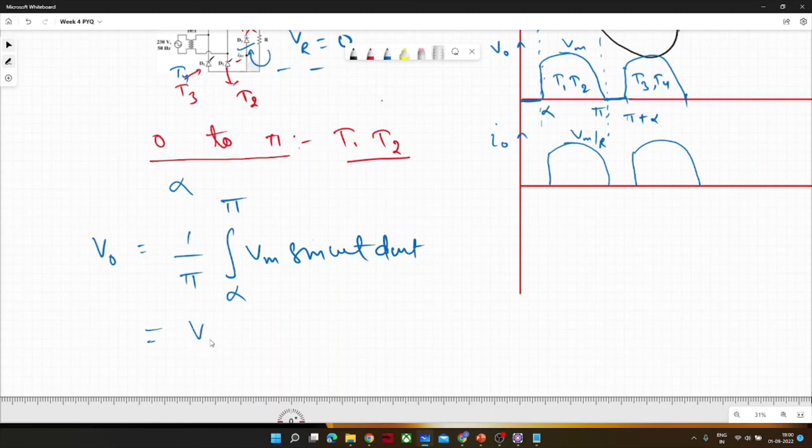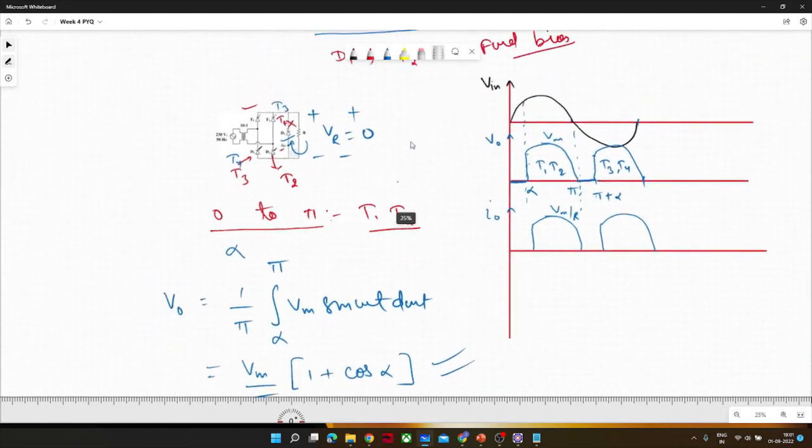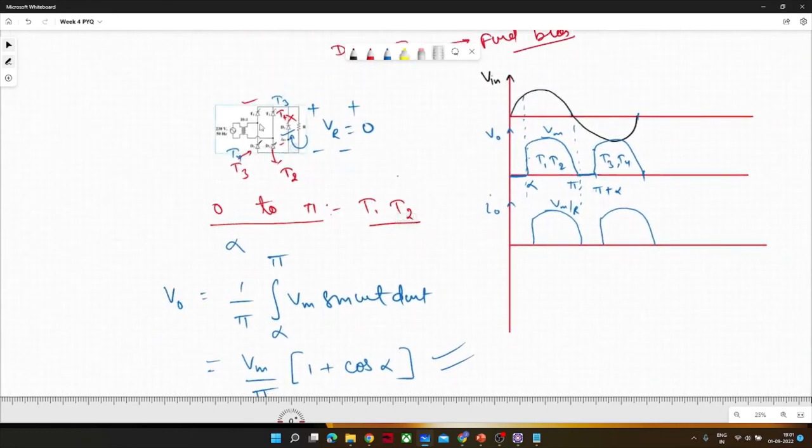If you integrate it, you will get Vm by pi times (1 plus cos alpha). So this expression of output average voltage will be fixed for a single phase semi-converter, asymmetric or symmetric. In asymmetric, the position of the diodes will change.